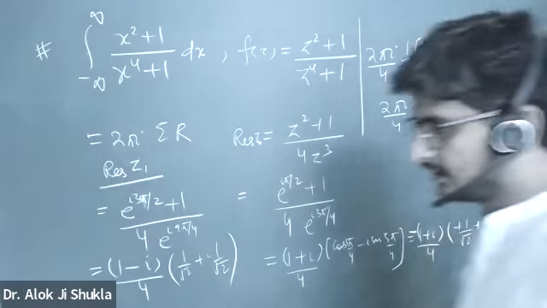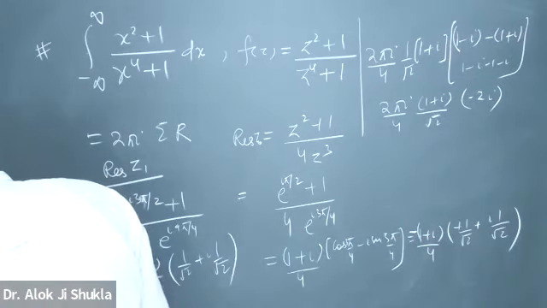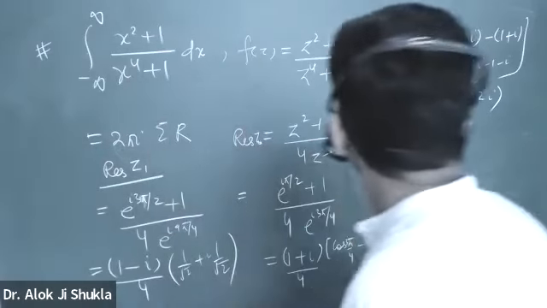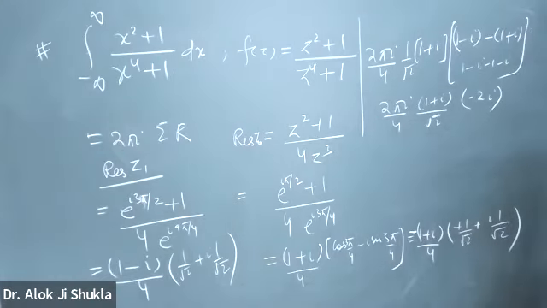Finally, what is coming? Others also check it. So pi by root 2 bracket 1 plus iota. Sir, pi by root 2 (1 plus iota) bracket.